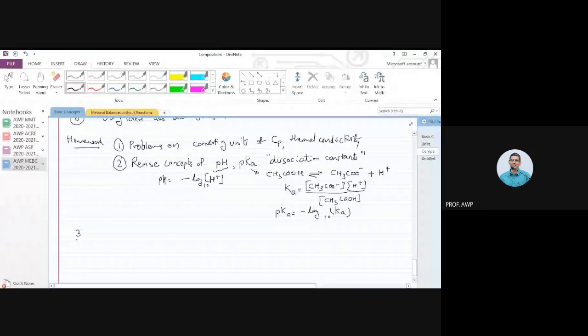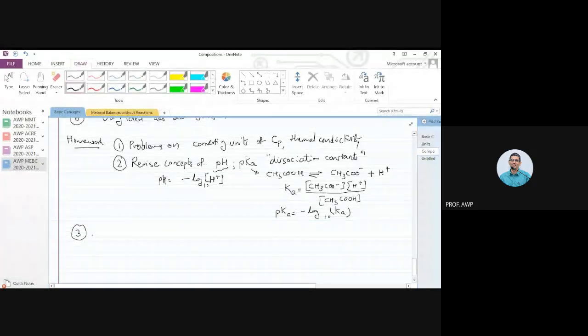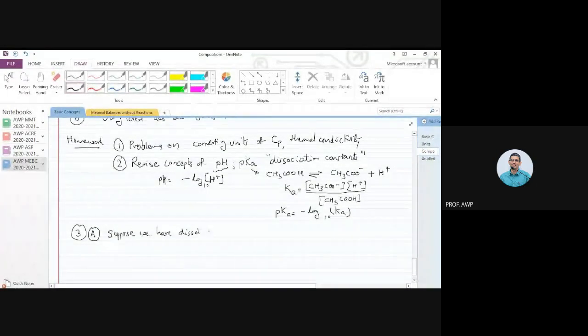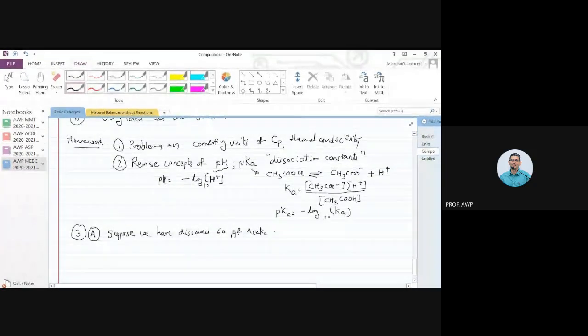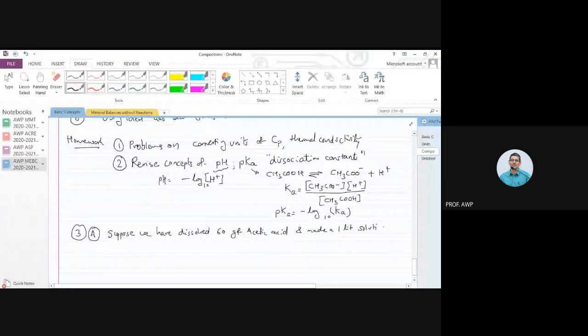Just so that you revise properly, I am going to ask you two problems. Suppose I have dissolved 60 grams of acetic acid and made a solution from that. What would be the pH of this solution?